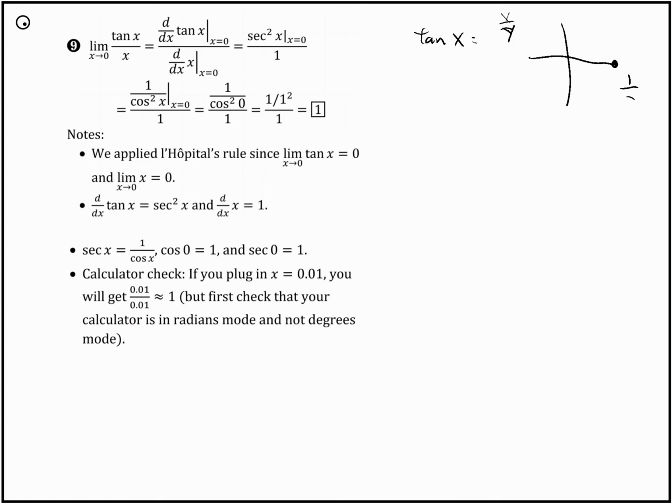And what is the y value? 0. 1 over 0 is equal to some unknown value. So we can't use just tangent x over x. That's why we take the derivative. So take the derivative of tangent x and take the derivative of x, and you get secant squared x over 1. Now plug in x is equal to 0 for secant squared x.